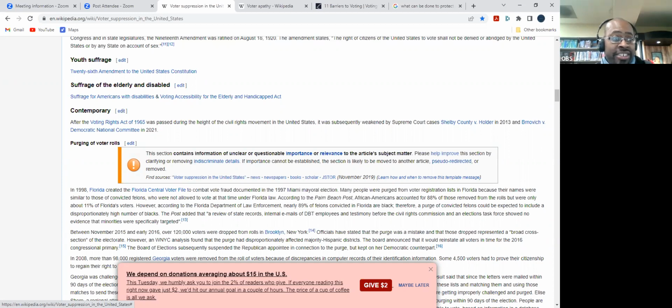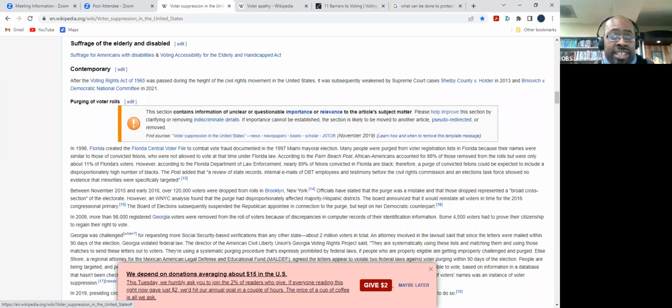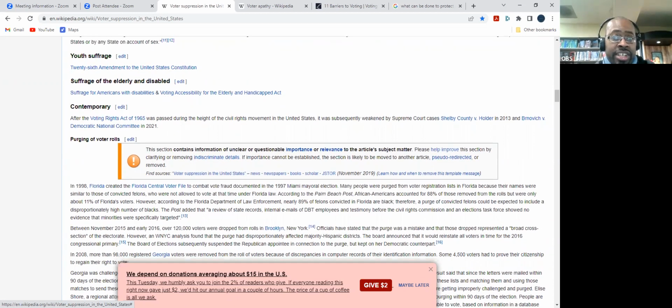In recent years, we've seen a weakened effect of the Voting Rights Act of 1965, courtesy of the Supreme Court cases Shelby County versus Holder in 2013.